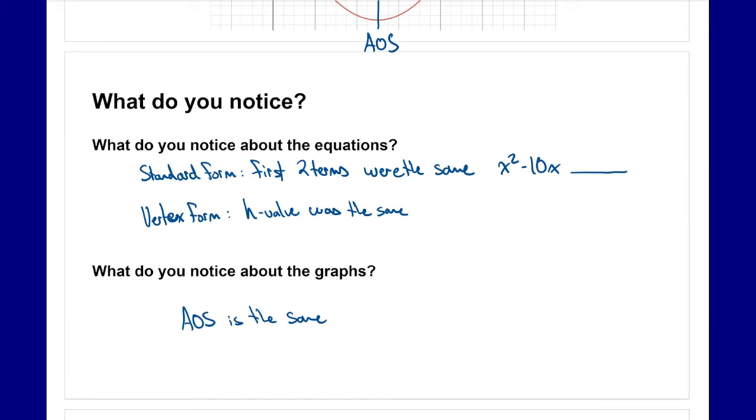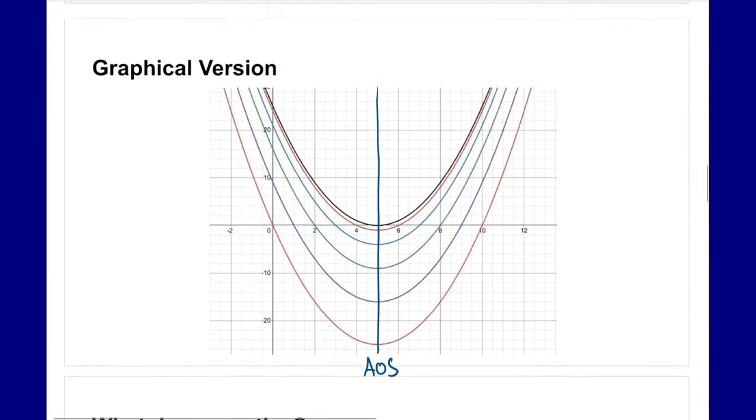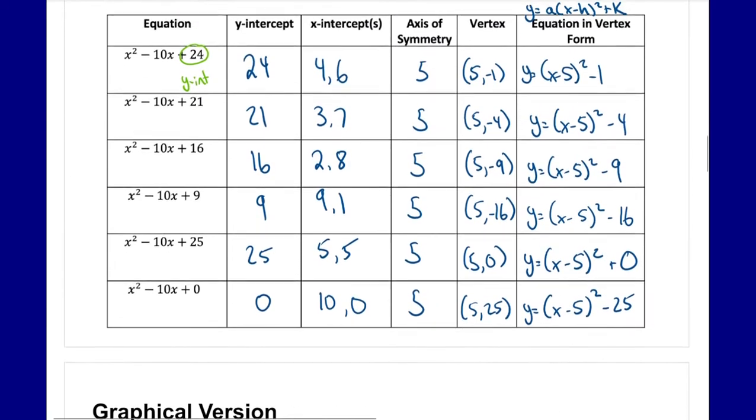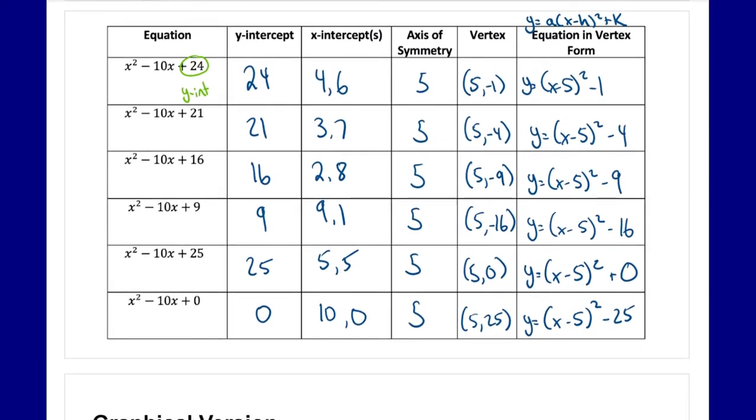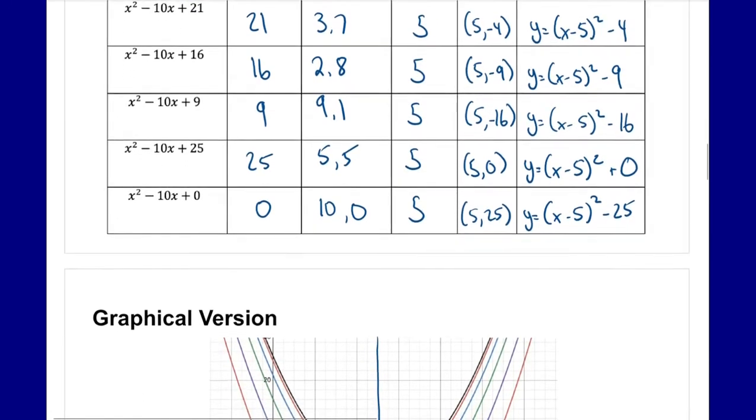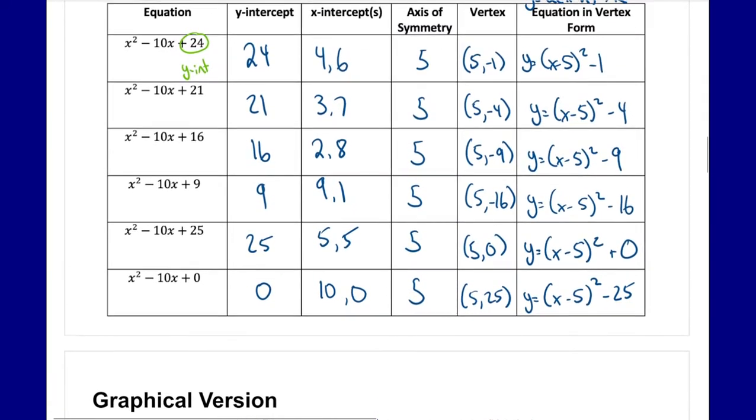So regardless of what that last value is, that c value, that y-intercept, I don't even need to worry about it, because I can use the first two terms to help me find the axis of symmetry.